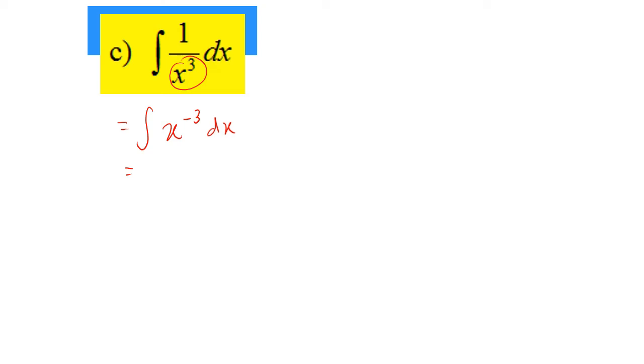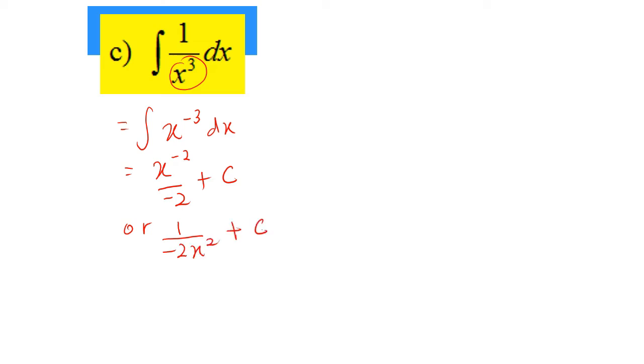And then we integrate x to the power of negative 3, and it should be x to the power of negative 3 plus 1, which is negative 2, over negative 2 plus c. Or maybe you may write it as 1 over negative 2 x squared plus c.